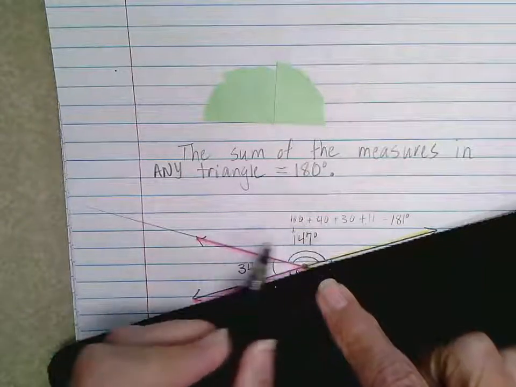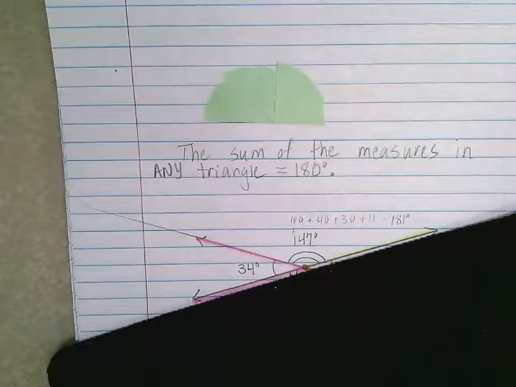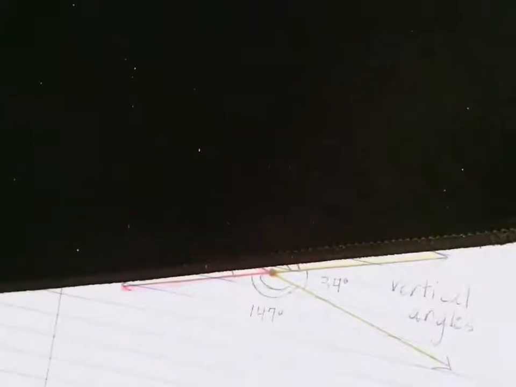So these angles should equal 180, and the same would be true of the opposite side. Not sure you can see that. 34 plus 147 would equal 181, which is close to 180.